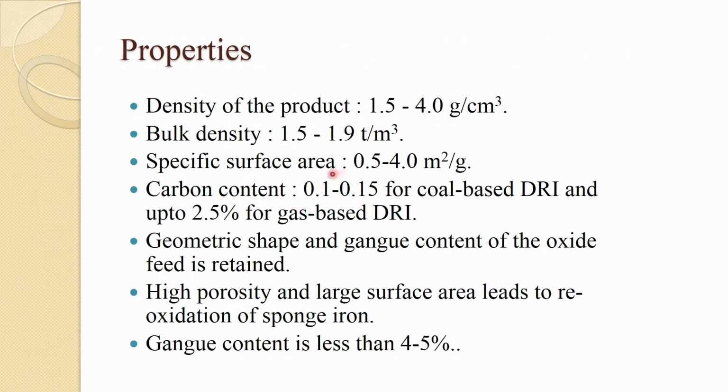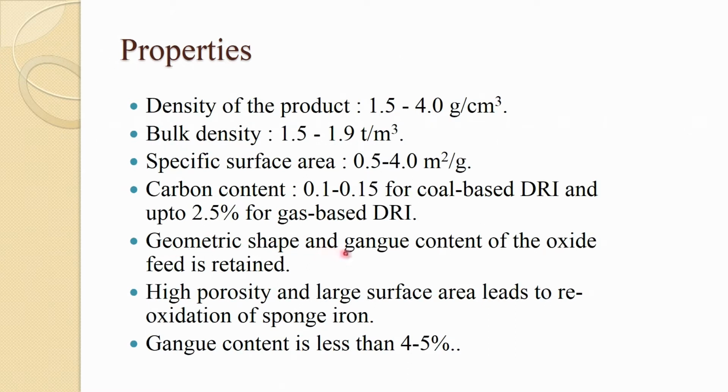Carbon content usually ranges between 0.1 and 0.15 for coal based DRI and up to 2.5 for gas based DRI. So, essentially you can see it is still quite low, the percentage of carbon in it. So, the melting point in that way becomes quite high.